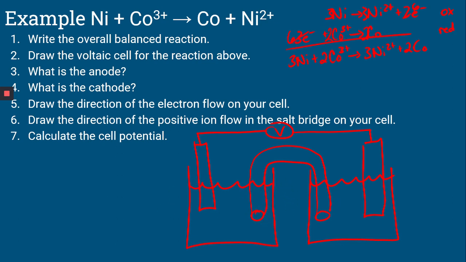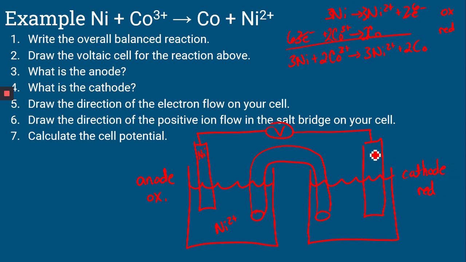To label it, you tend to put oxidation, or the anode, on the left side. So this would be our anode, which is where oxidation takes place. The solid in the oxidation reaction is nickel, and then the ion in solution would be nickel +2. For the cathode, you typically put that on the right side. That is the reduction.